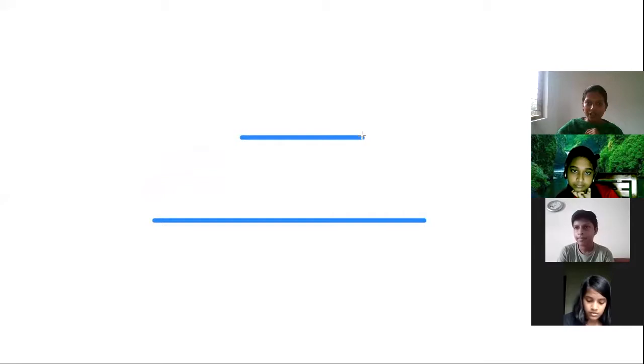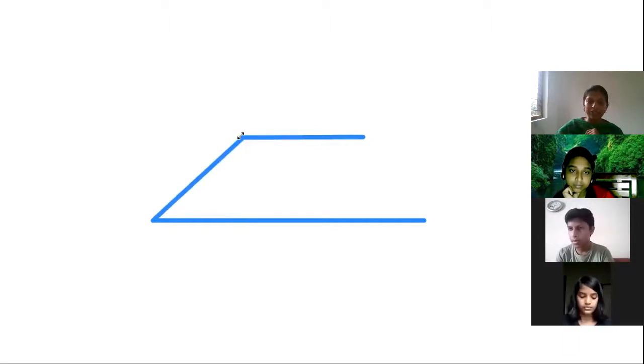And what is the specialty of these triangles? They are congruent and the measures of their sides are 3 centimeter, 4 centimeter, and 5 centimeter.